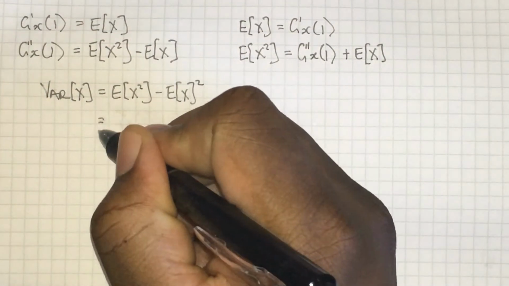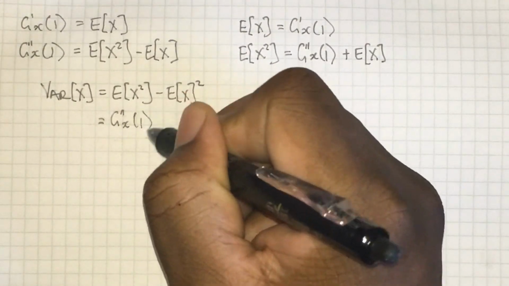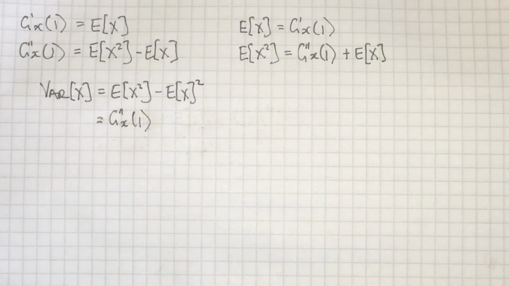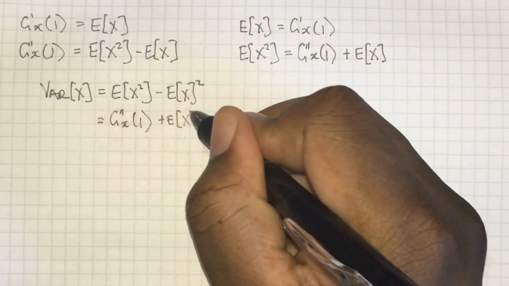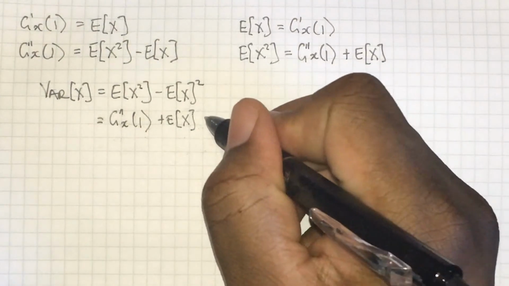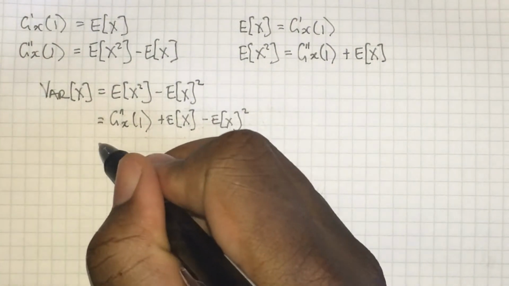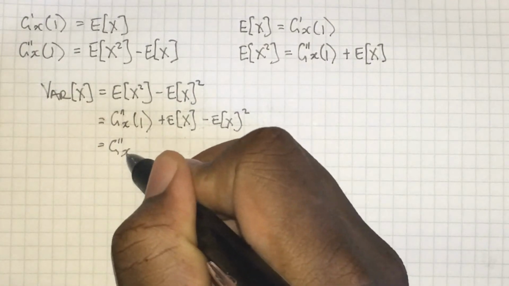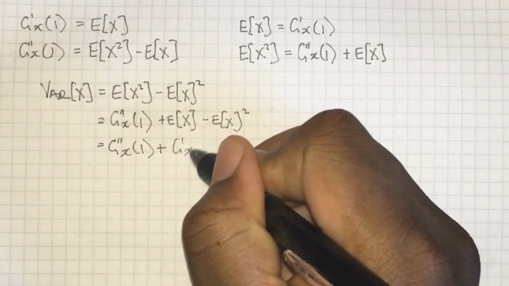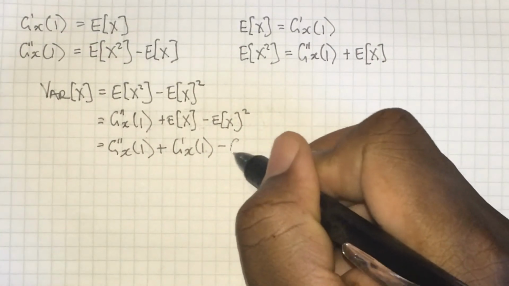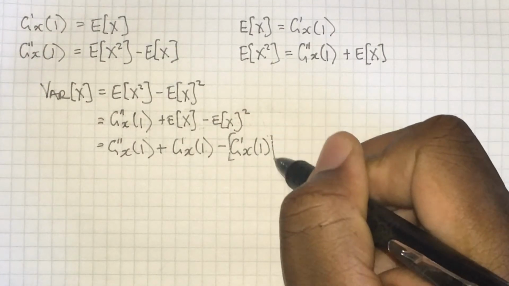So E of x squared first, I get the second derivative of the probability generating function with 1 substituted in, plus the expectation of x, and then I'm going to subtract the expectation of x squared. Well, I have an expression for the expectation of x. It's the first derivative of the generating function with 1 substituted in. So it's g double dash plus g dash subtract g dash squared.